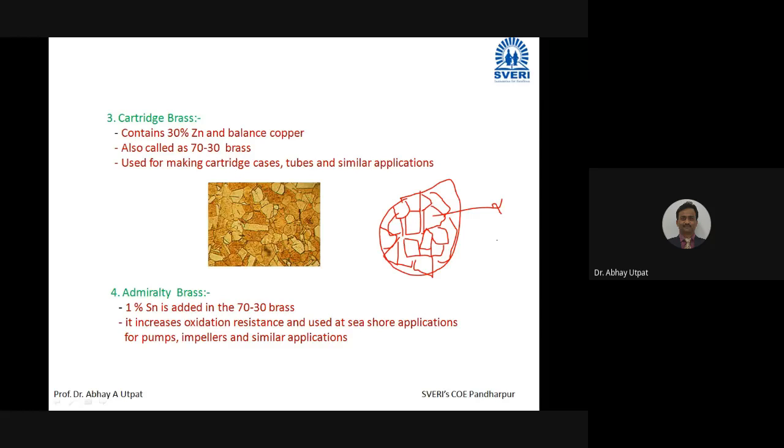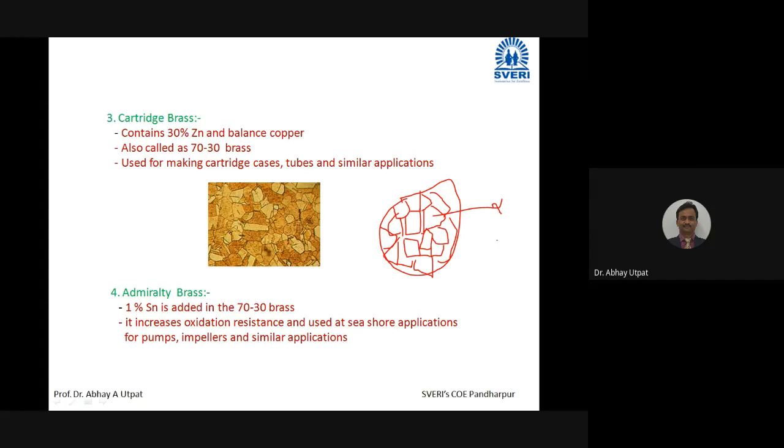Now, if you add 1% of tin in this 70-30 brass, its corrosion resistance and oxidation resistance properties are further increased. And this alloy is used at seashores. Which are the applications at the seashores? There are pumps, impellers, and similar parts.